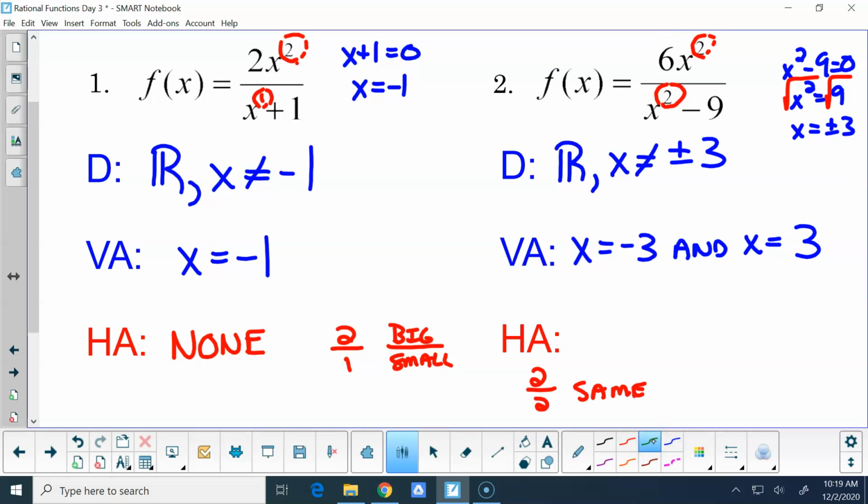So then I have to look at lead coefficients. So down here, there's a lead coefficient of 1. So my horizontal asymptote then would be y equals 6. If you put 6 over 1, that's fine. But on a test or something like that, I'd want to just y equals 6.